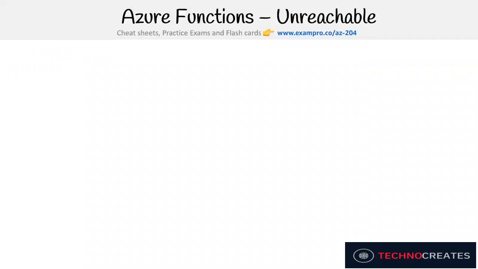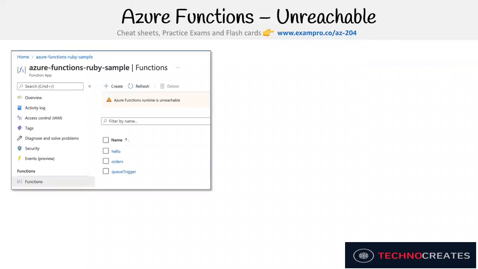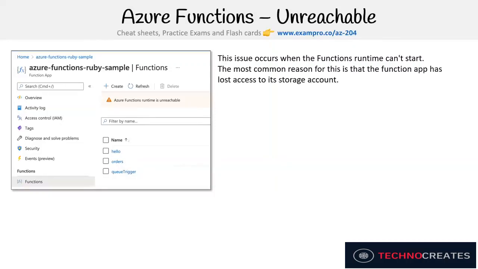Okay, so let's say you are making a custom handler and you deploy it and you end up having an error that says runtime is unreachable. What do you do? Well, not a whole lot, but there are some things you can narrow down, because a runtime could be not running for multiple reasons. The idea is that the runtime couldn't start.